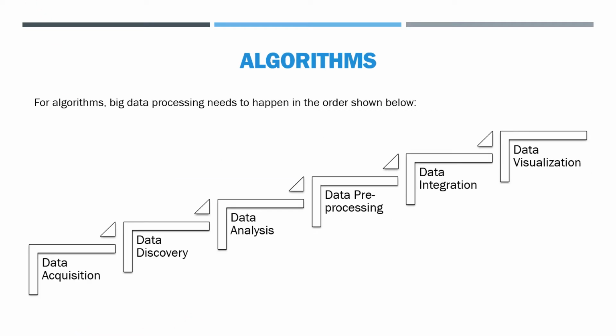Alright, next up is algorithms. For algorithms, big data processing needs to happen in the order shown in this figure. The first step starts with data acquisition. This is the process where we want to perform discovery of data.